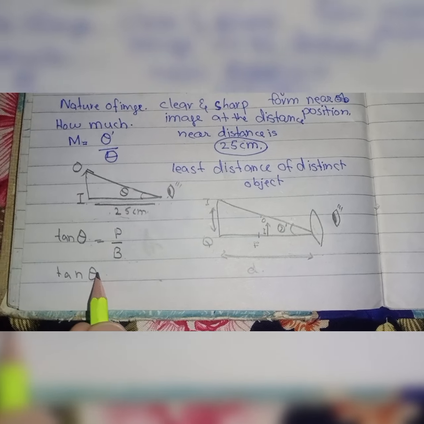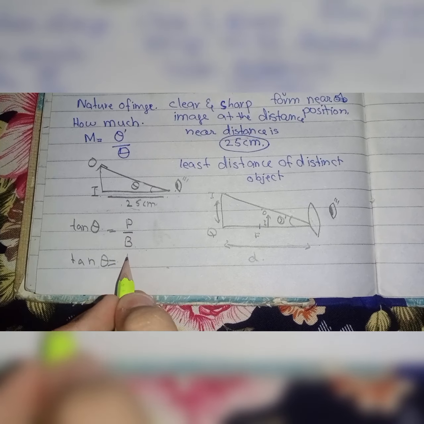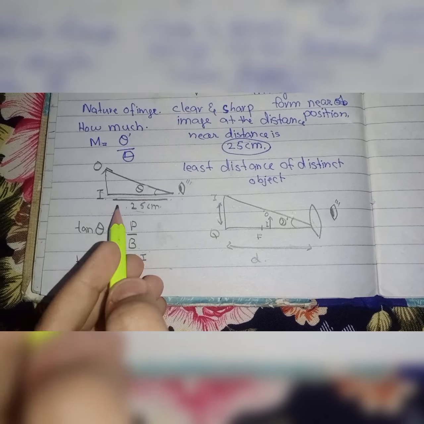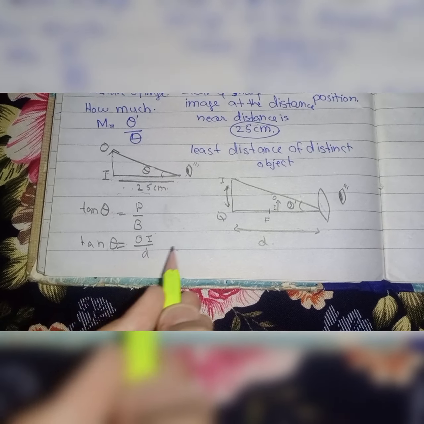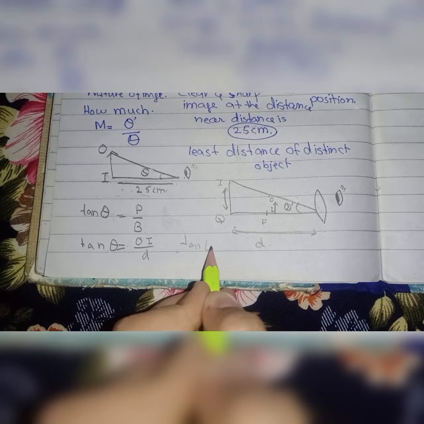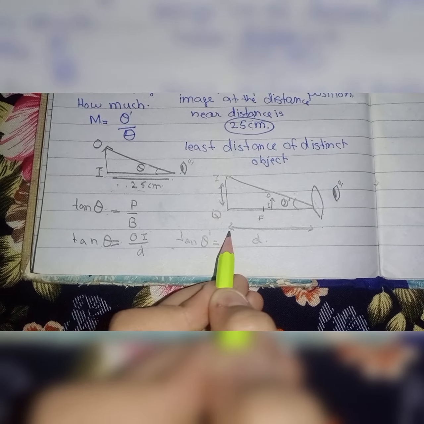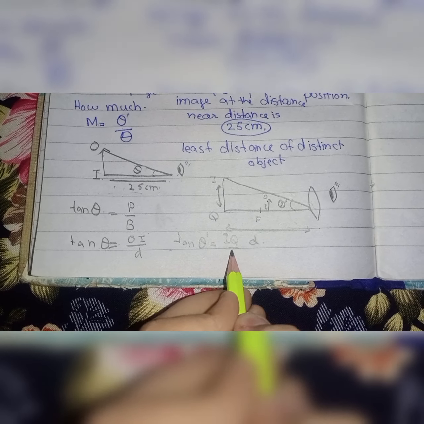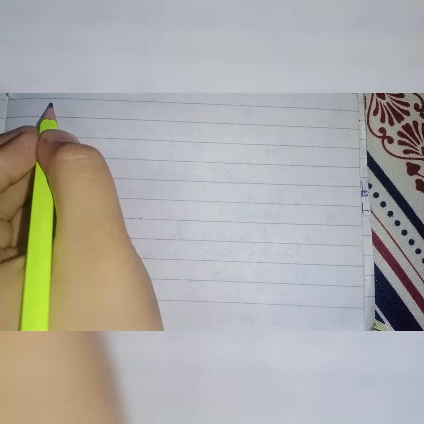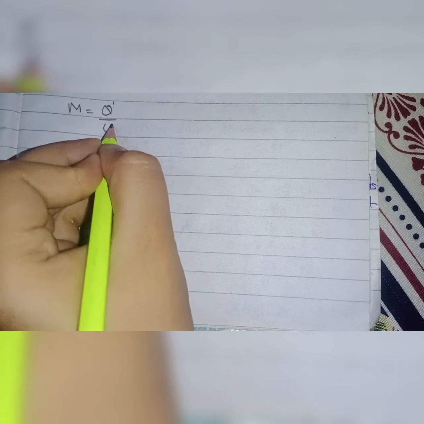In tan theta we have perpendicular OI and base D, the distance. In tan theta naught we have perpendicular IQ, while the base is D, the distance. As we have that formula, m is equal to theta naught upon theta.